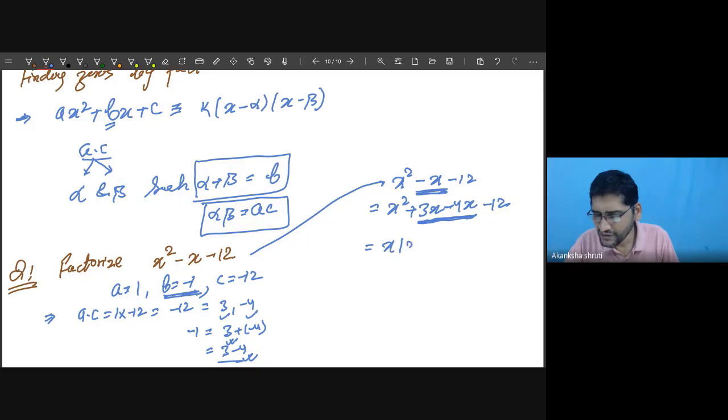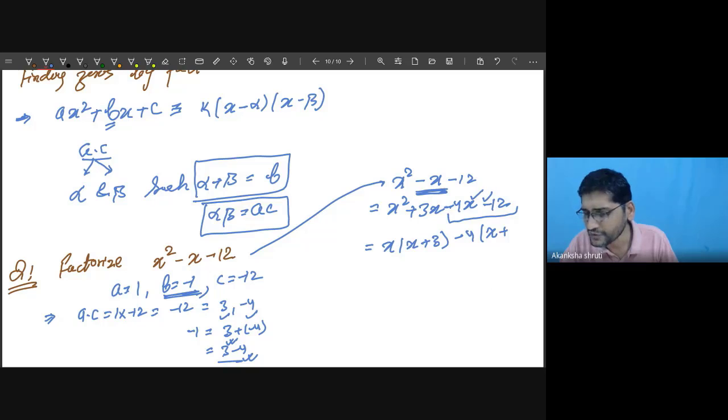So take x out, x plus 3 from the first bracket, and take minus 4 from the second bracket. Negative will be taken out of the second bracket as the common factor from these two terms. Minus 4 is taken out, so what is left? Only x. Minus is taken out, so we have to put the plus.